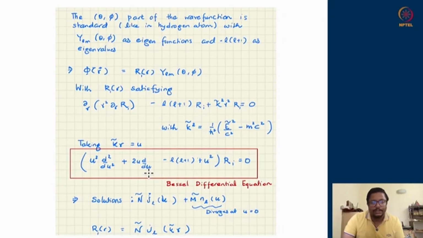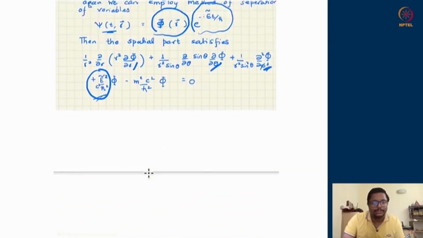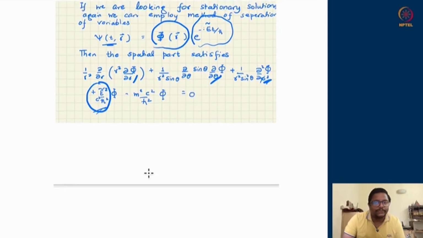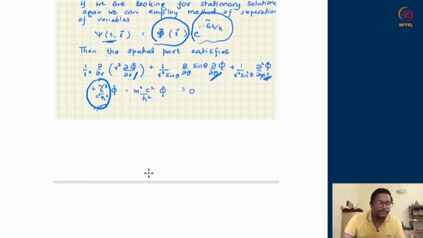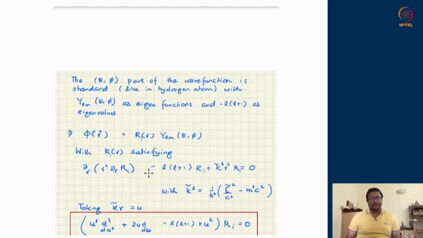Now you can see that if you have solved the hydrogen atom problem or any spherically symmetric problem, the theta phi part, the angular part of this differential equation is easily solved, because in the potential there is no theta phi dependence. So therefore the angular part is already known to us, and the angular eigenstates are Ylm theta phi, the spherical harmonics.